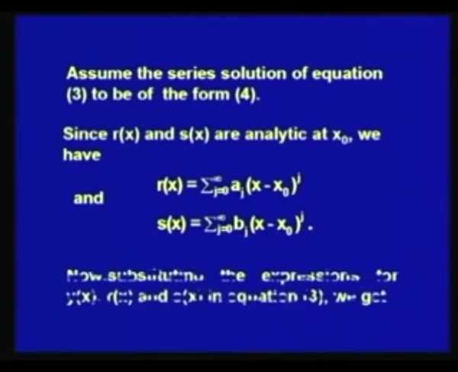Then we shall have sigma m equal to 0 to infinity (m plus r)(m plus r minus 1) Cm (x minus x naught) to the power m plus r, because the first term in that equation is (x minus x naught) whole square into y double dash. So when you differentiate y twice and multiply by (x minus x naught) whole square, you get the power of x minus x naught as m plus r here.